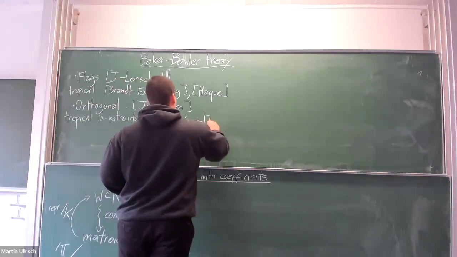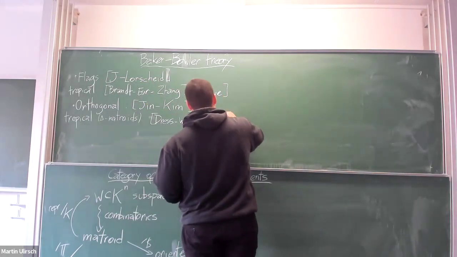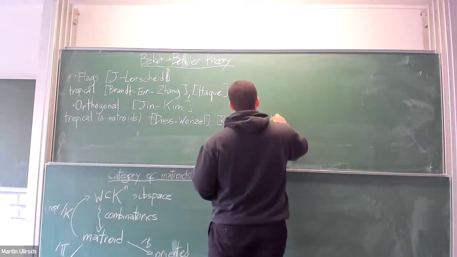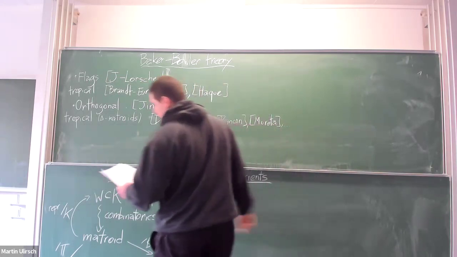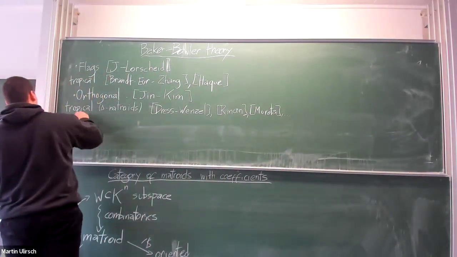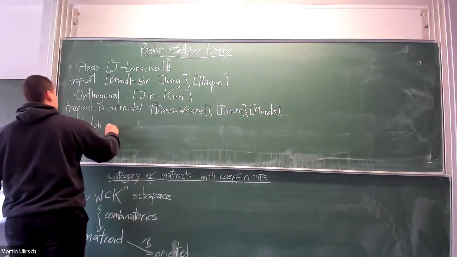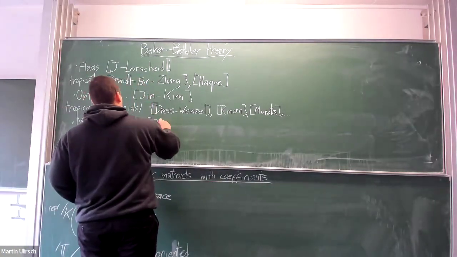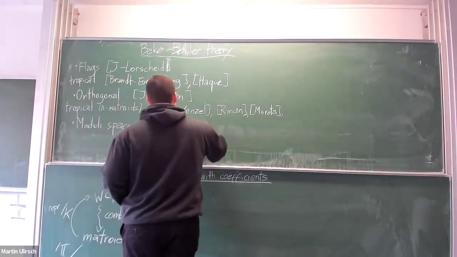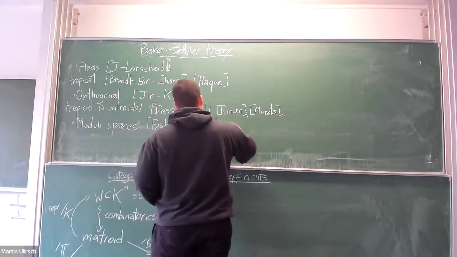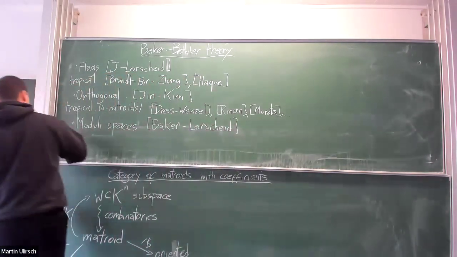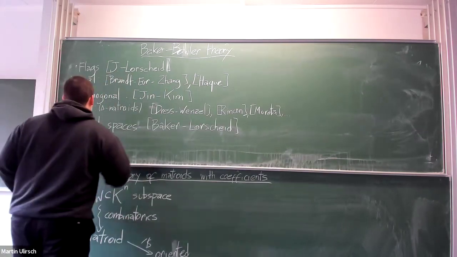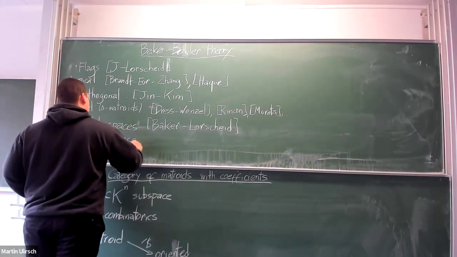It includes also the moduli space, developed by Baker and Wurschidt, and also based on or inspired by the tropical version, that are Dressians.